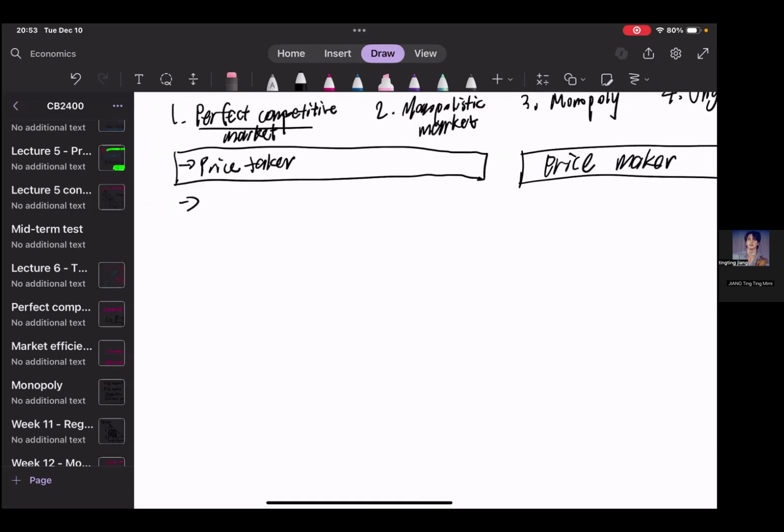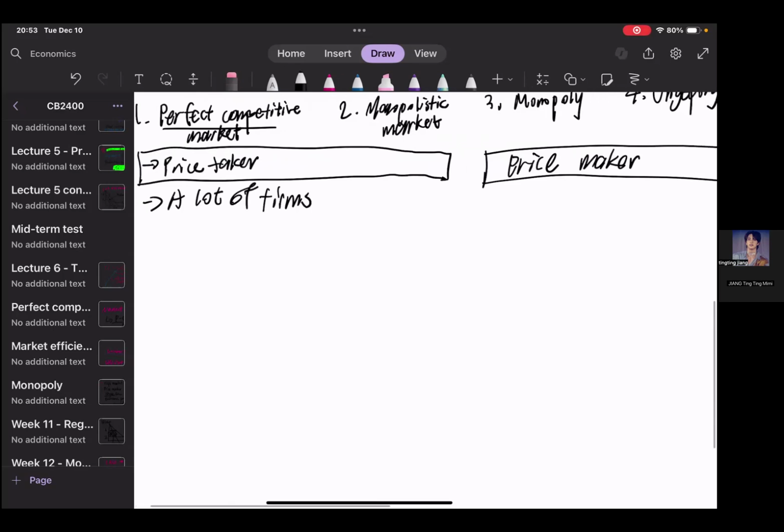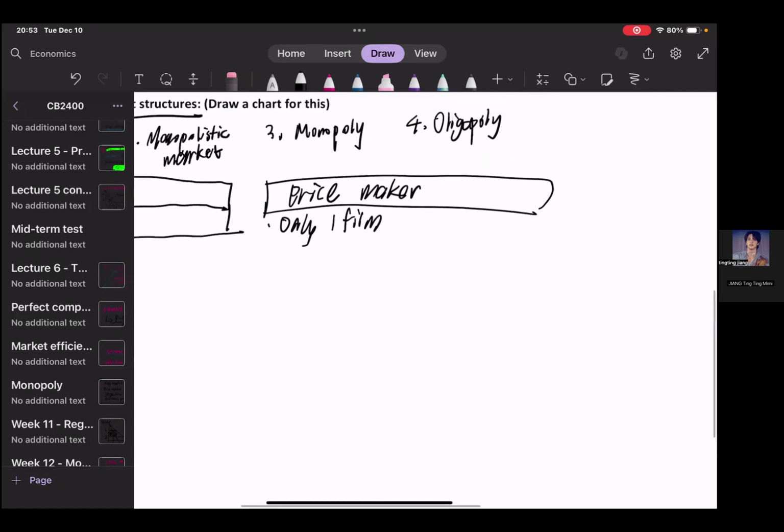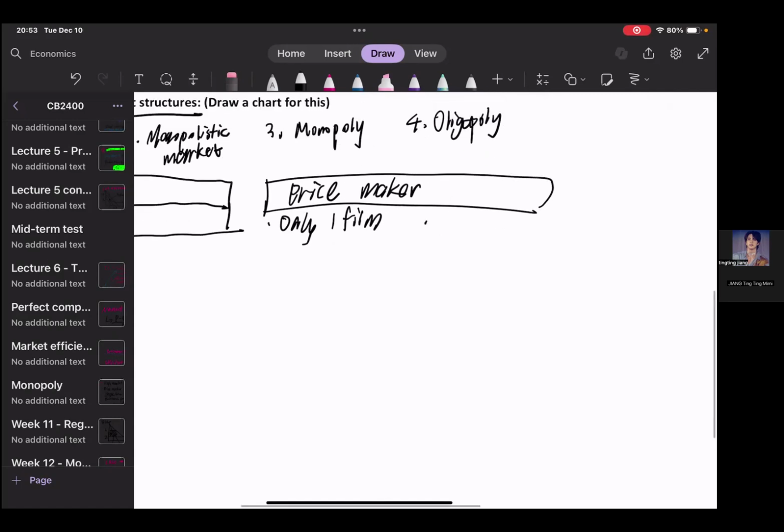And then they will also have a lot of firms. Whereas this one, there is only one firm there. That was why they monopolized the entire market. Whereas for oligopoly, they have only a few firms.